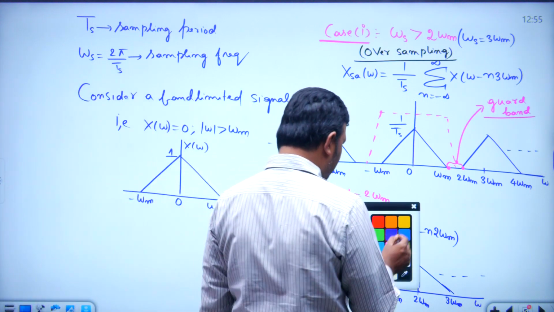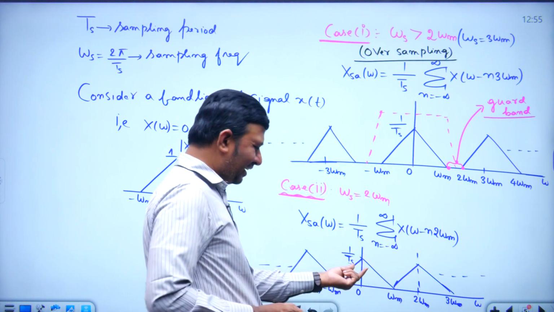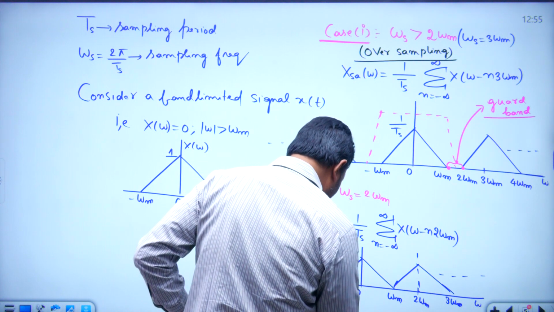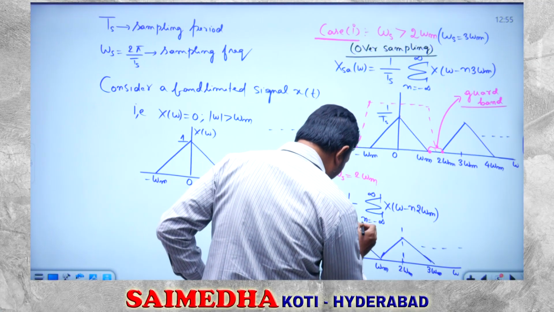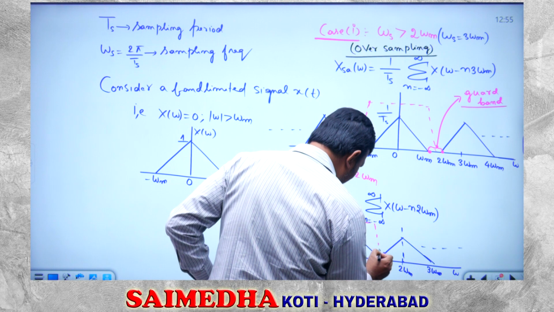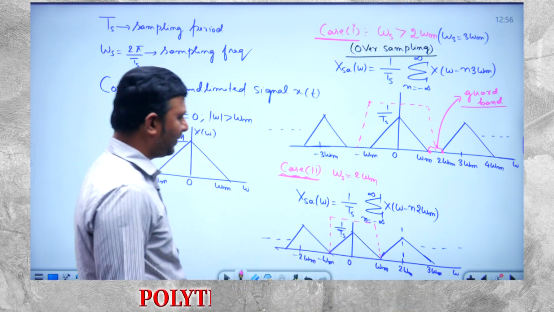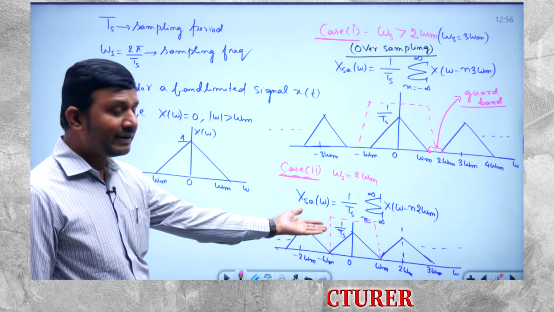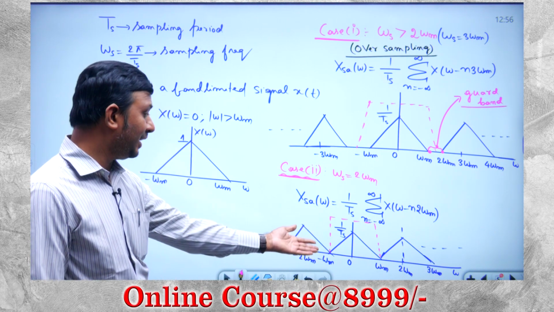Again from this periodical spectrum we can get our original spectrum back by placing the low pass filter like this. This pink line indicates the low pass filter characteristics. But here in the second case, your low pass filter must have a sharp cutoff because guard band is absent here.